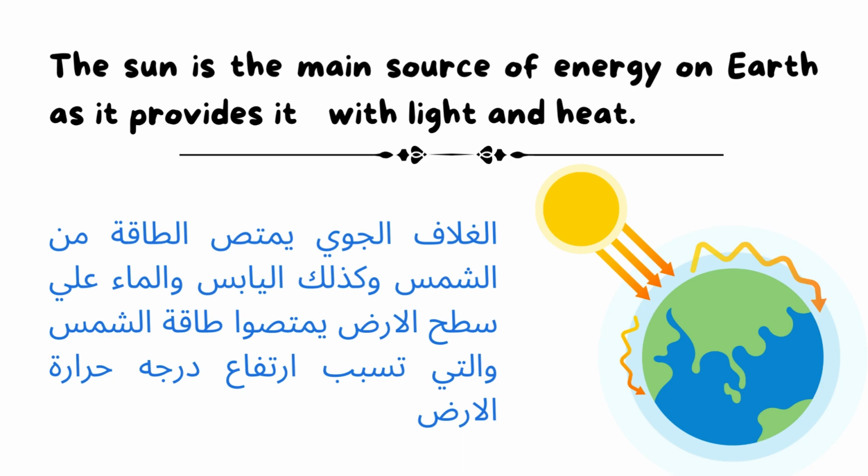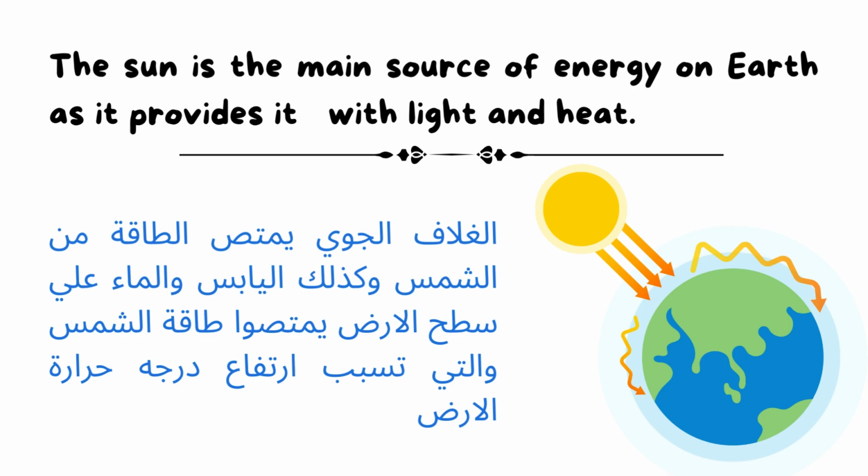This is information that we all know, okay? And another thing, at night, when the sun isn't visible, which means we can't see the sun in the sky, we can feel warm.